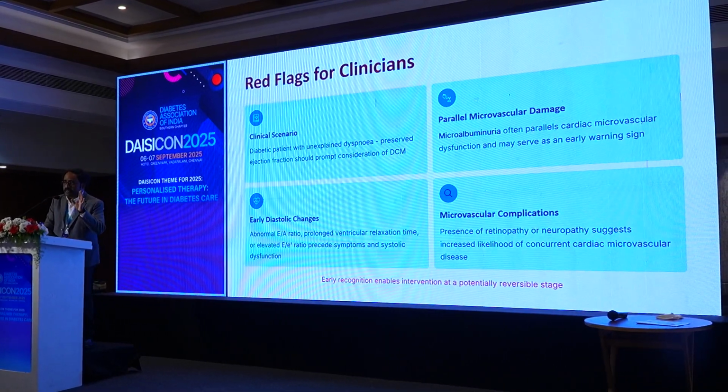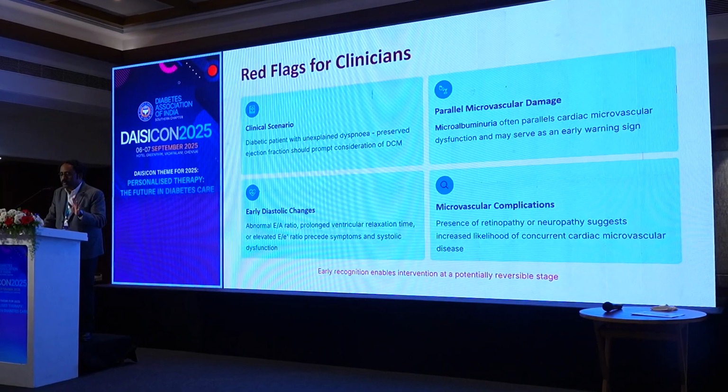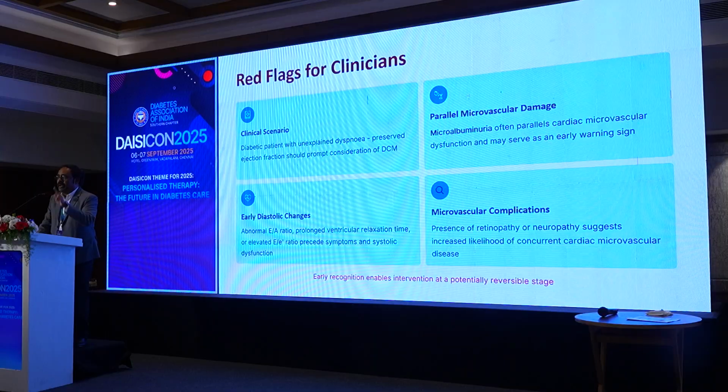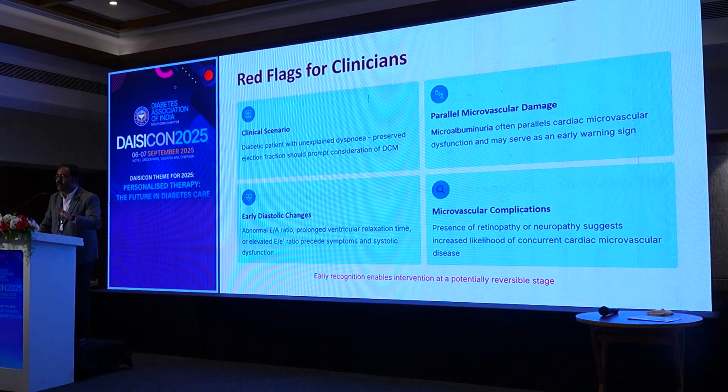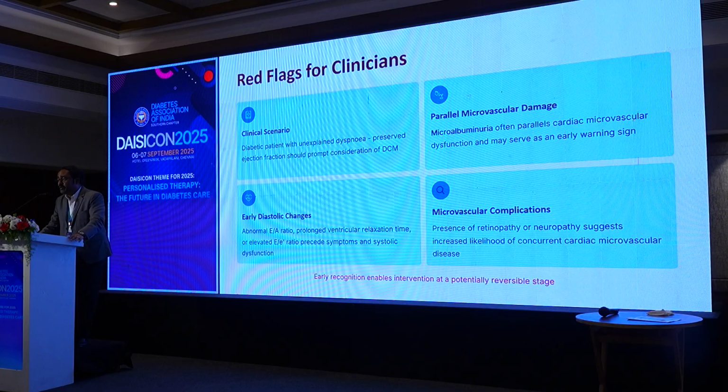What are the red flags for clinicians? When should clinicians label patients as having ejection fraction failure? The clinical scenario I already told you: on the look itself, by inspection, diagnose whether they have preserved ejection fraction failure, and look in parallel for microalbuminuria. Microalbuminuria is one of the earliest manifestations in both type 1 and type 2 diabetic patients.